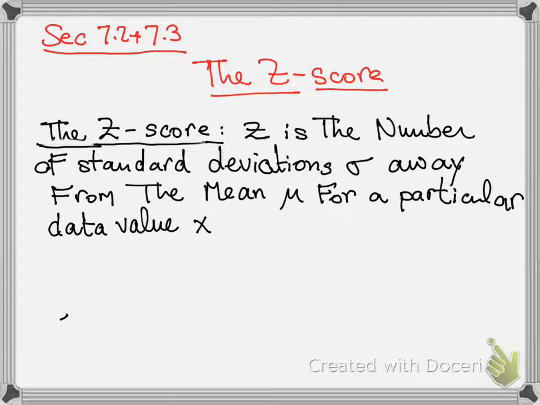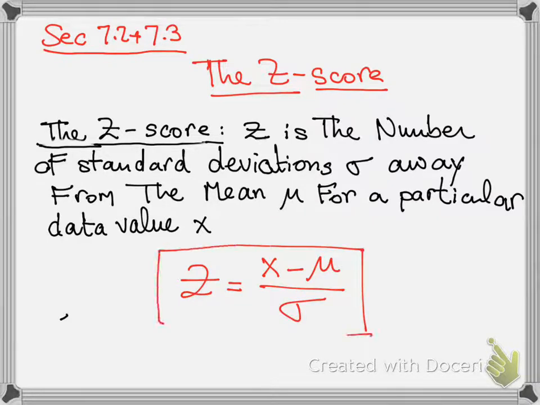Actually, the formula for z is the following. z is always equal to x, the variable x, minus the mean, over the standard deviation. So this is the z-score.